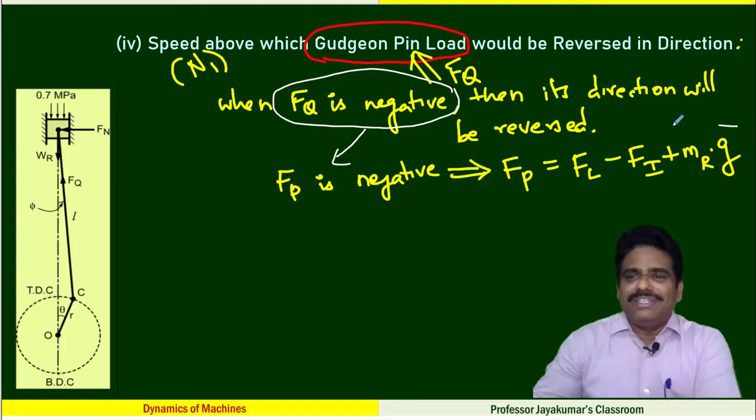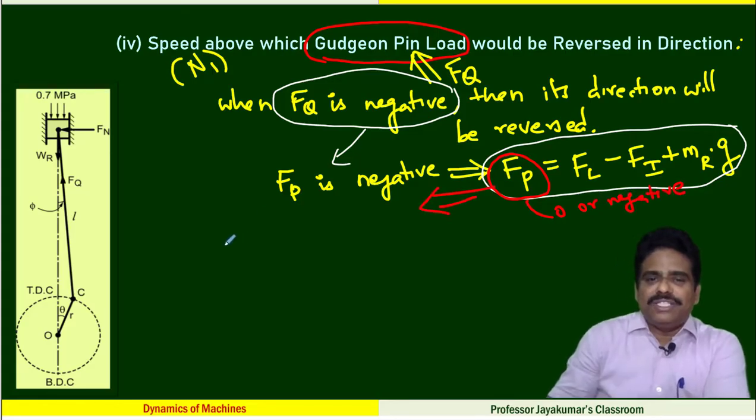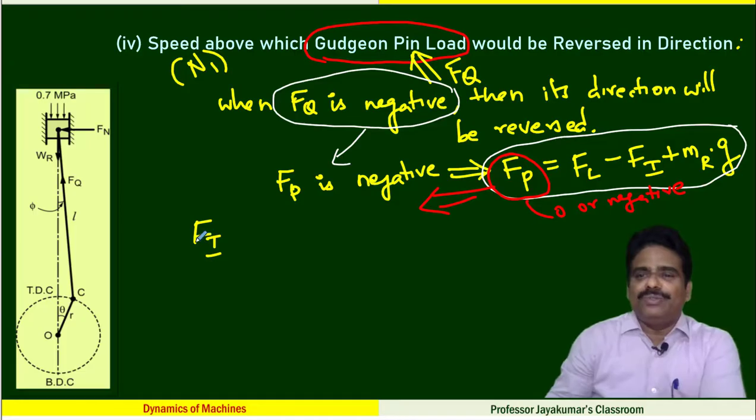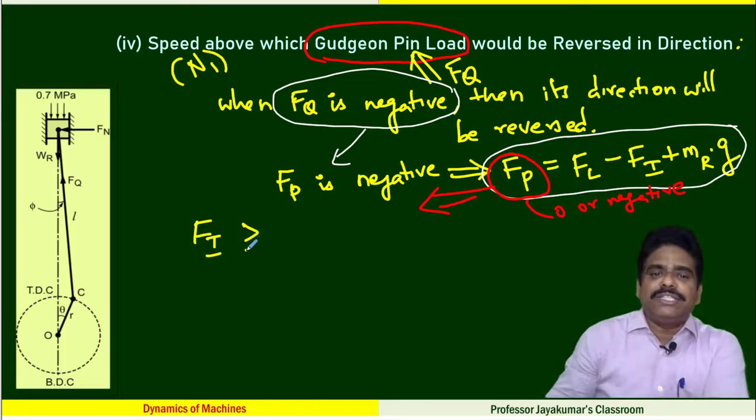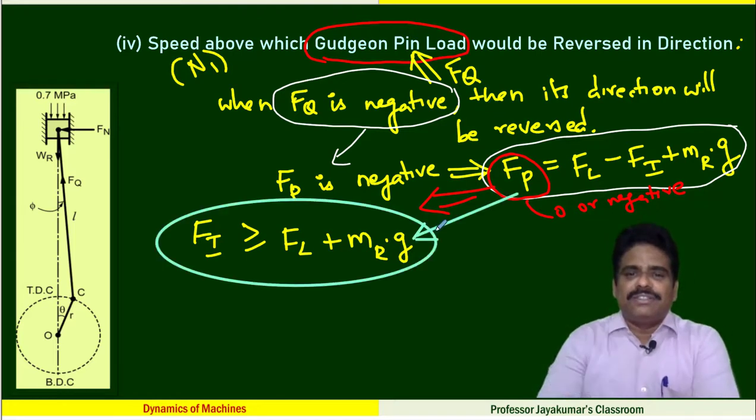In this equation, this will become 0 or negative when the inertia force value is greater than or equal to the sum of net load on the piston plus weight of the reciprocating parts. Yes, this is the condition.